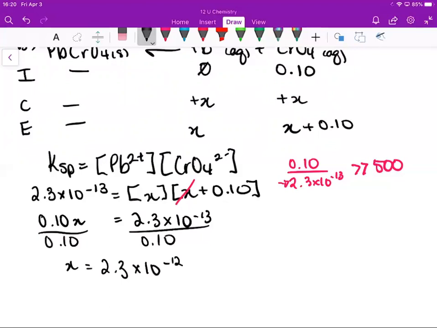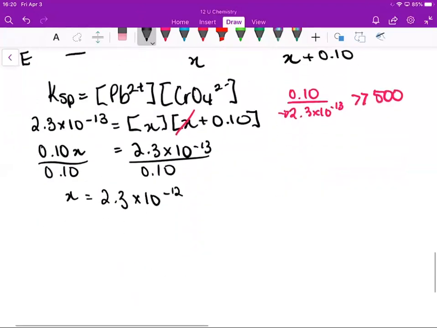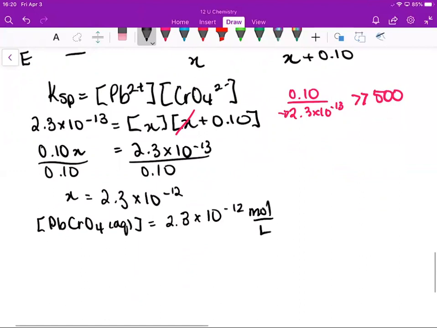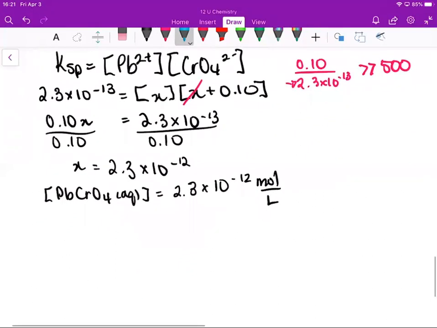And what does this represent? Do you see how this is a 1-to-1-to-1 ratio? This X represents the concentration of lead chromate that's dissolved in the solution. Now, I'll put in the other color. They said that pure lead II chromate, if it was in distilled water, this is what its dissociation should be.